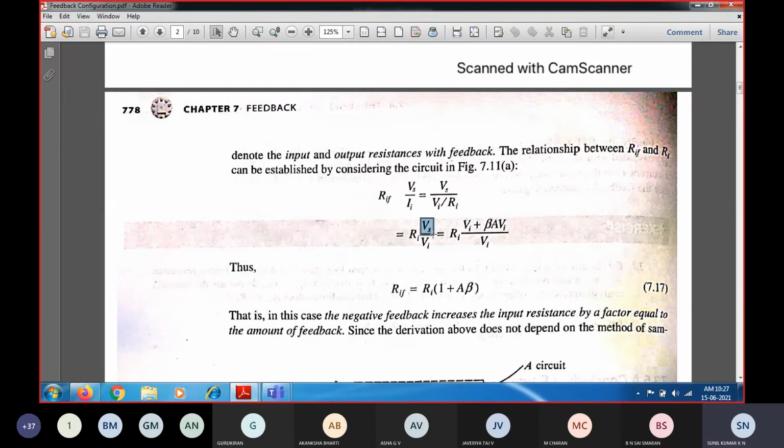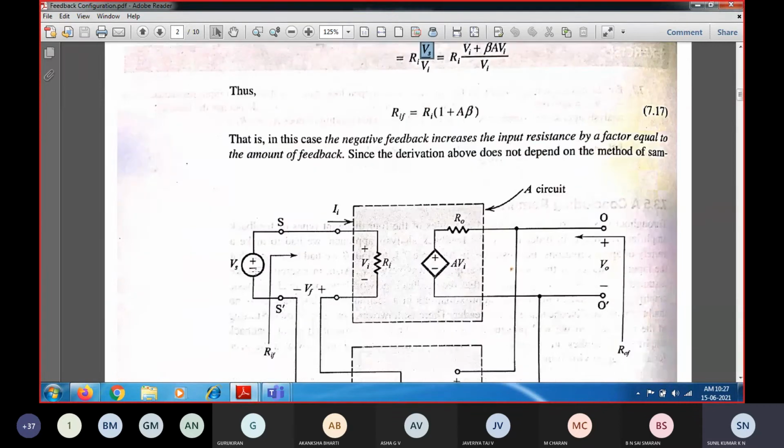What is this Vs? This is the source voltage. Vs minus Vf will be equal to Vi, the correct term.